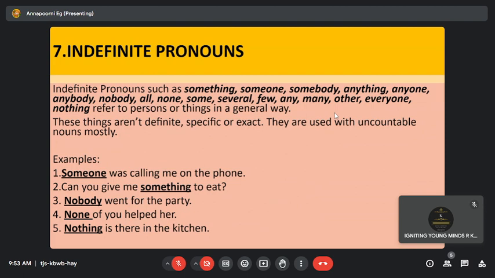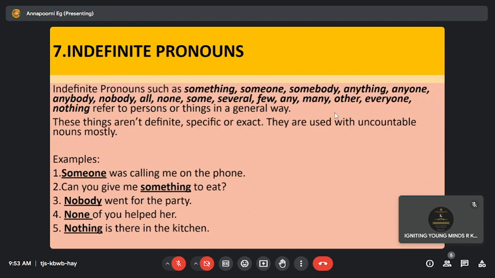So indefinite pronouns, the list is a bit long. Indefinite pronouns such as something, someone, somebody, anything, anyone, anybody, no one, nothing, nobody, then all, some, several, few, any, many, other, everything, everyone, everybody, etc. refer to persons or things in a general way.